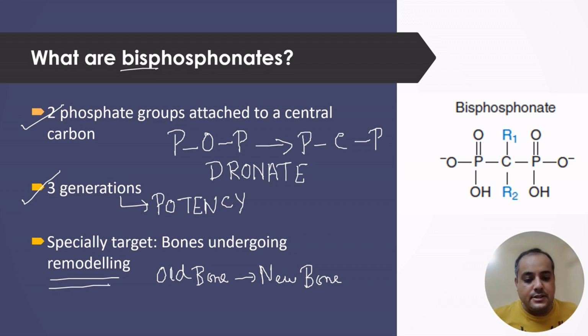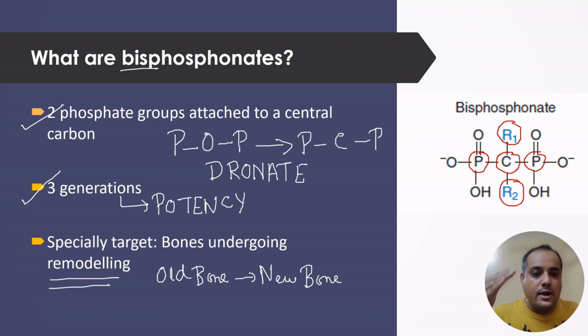Now if you look into the structure of bisphosphonates, I have already told you, we have got a PCP structure, and there are 2 alkyl groups also, R1 and R2.